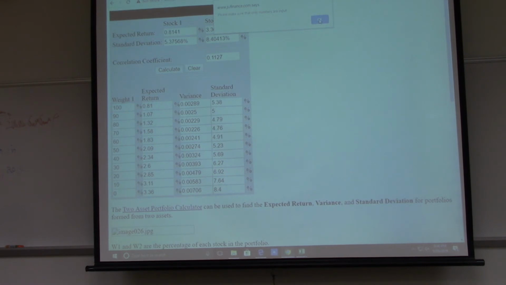Make sure that only numbers are good. But anyhow, you guys got it. It should be 5.24 if I put more accurate numbers in the calculator here.